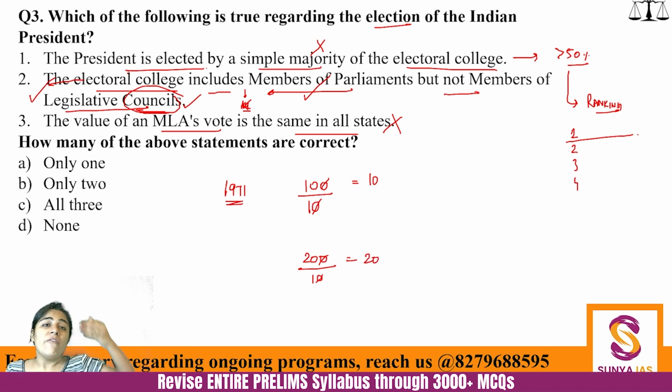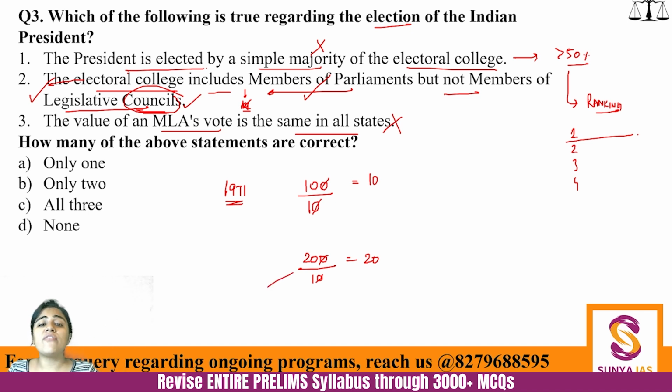The same MLA will be representing more people. But does that mean the number of seats will increase? No, that is not the case. Each MLA will be representing more and more people, so the value will keep on increasing.